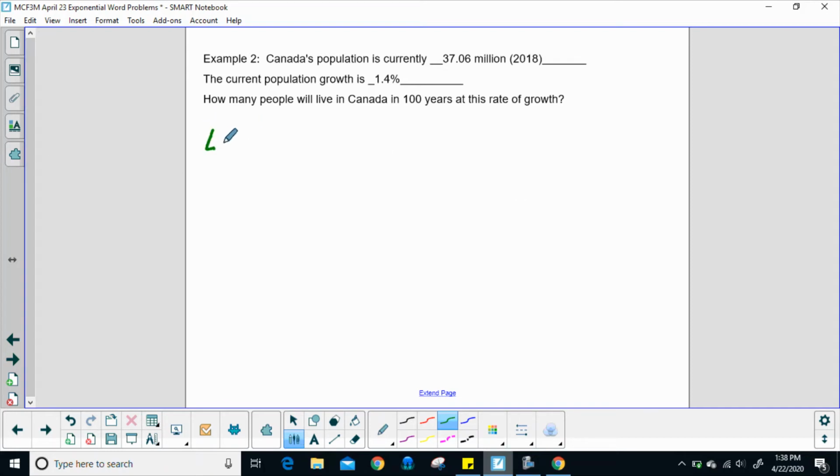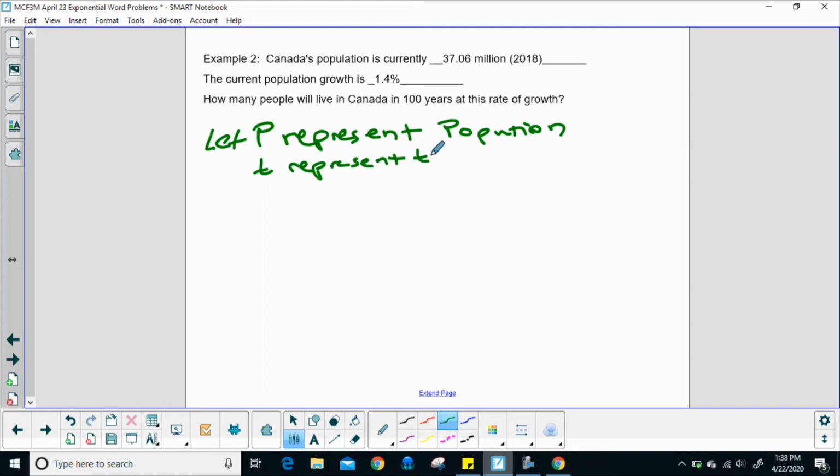Let's see. Since I'm going to use population, I'm going to say let P represent population. I'm going to let T represent time in years. Okay, so we can create an equation.